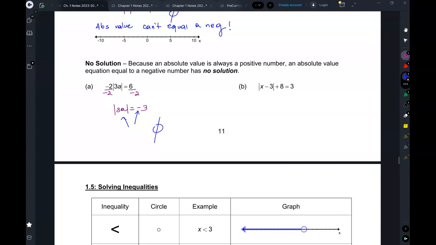Okay, here, subtract 8. Absolute value equal to a negative number. No solution. Okay? If you forgot and went and solved, you would get 2 answers, because mathematically you could get 2 answers, but when you plug them in to check, it never works. So it's no solution.